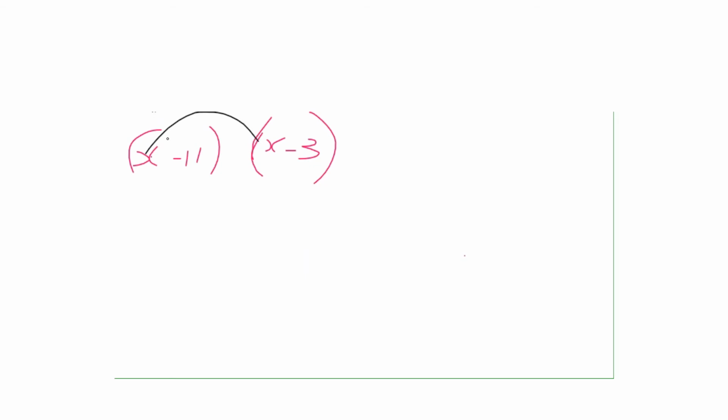x times x and x times negative 3. So x times x is x squared. Positive x times negative 3, that's negative 3x. And we're going to have negative 11 times positive x and negative 11 times negative 3.